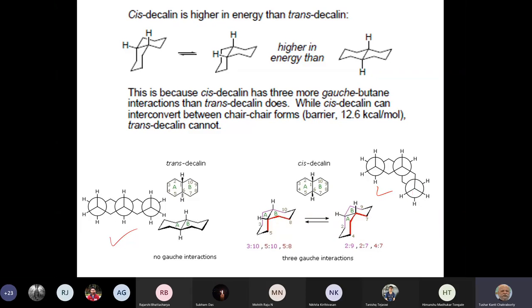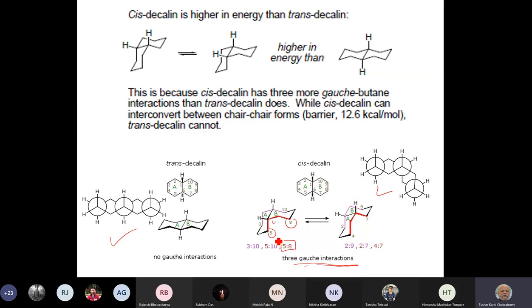And in case of cis-decalin, some of these 3 Gauche interactions are shown here. So you can see that if you see across A and B rings, this particular bond, then this substituent here coming down up to 5, and this substituent from this center to substituent 8. So 5, 8 has a Gauche interaction.